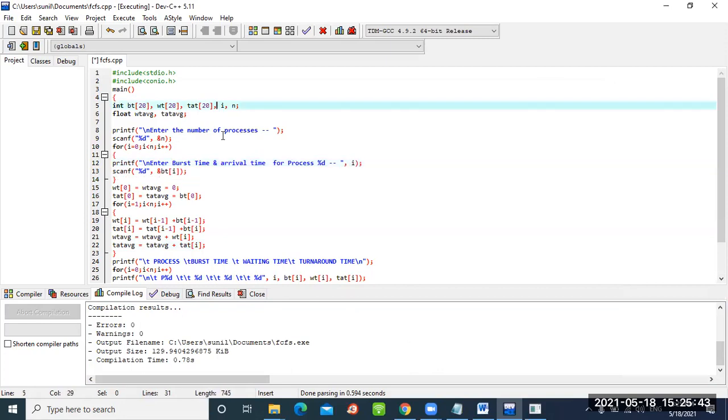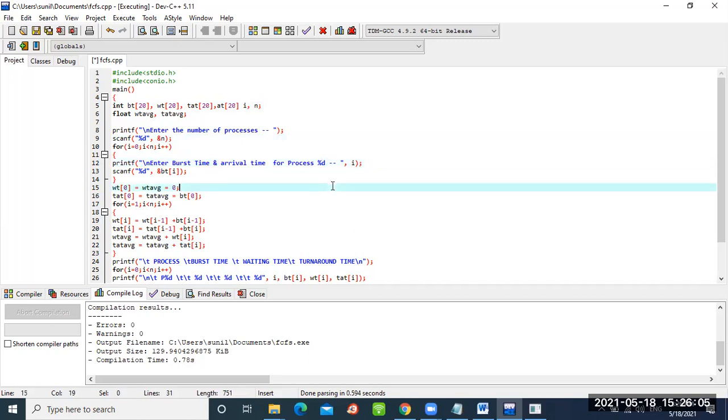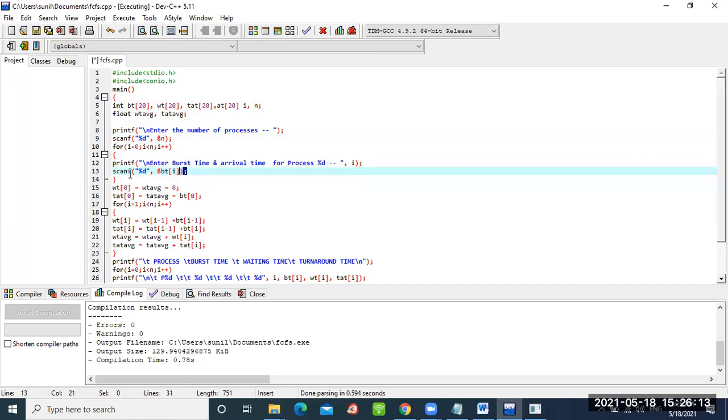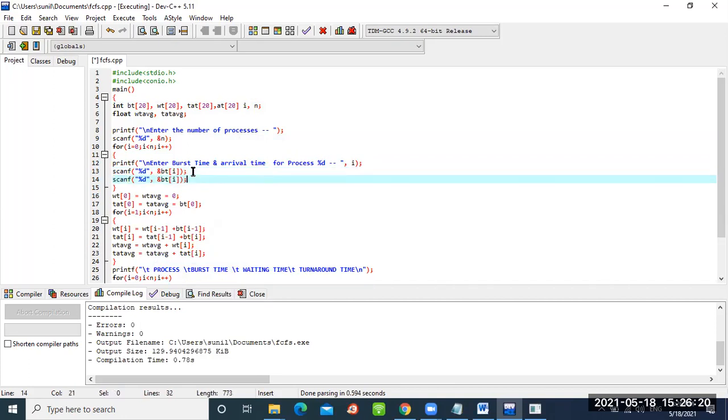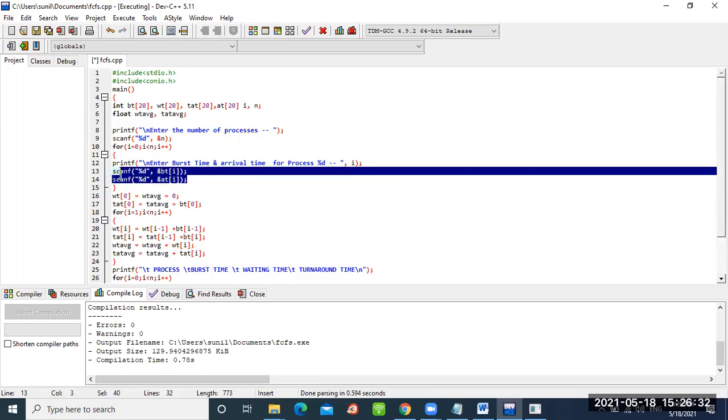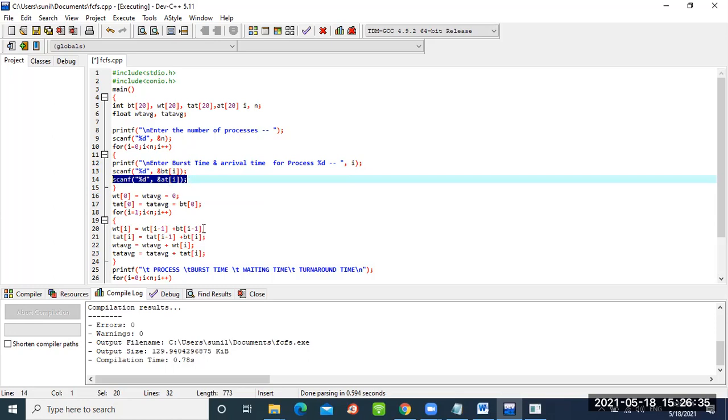So I have to use one more array, which we named AT. Now I am using one more array where we are storing the arrival time. What did we do? We store the arrival time here, and in WT what do we subtract?